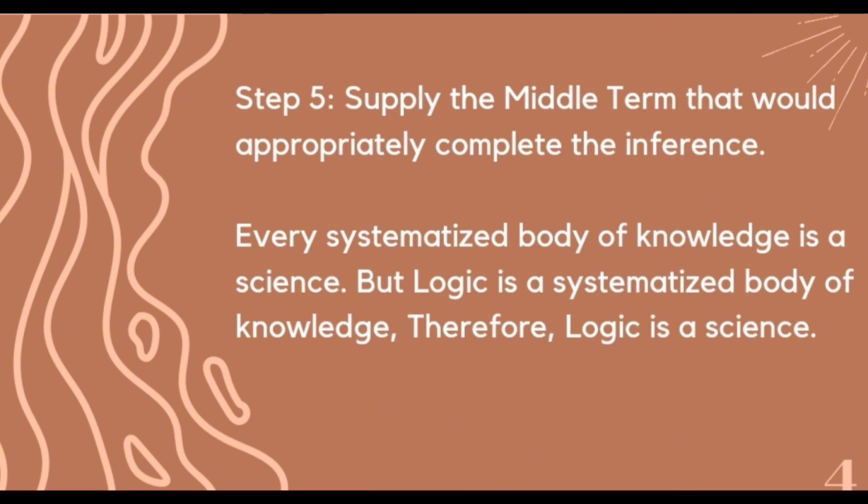If our conclusion is affirmative, then our middle term must be connected to the minor and the major term. For example, every systematized body of knowledge is a science, but logic is a systematized body of knowledge. Therefore, logic is a science.